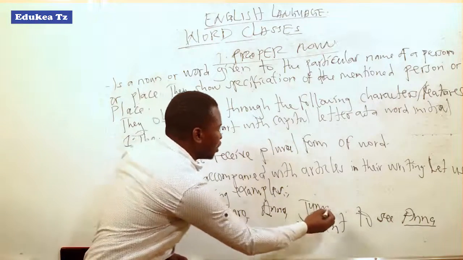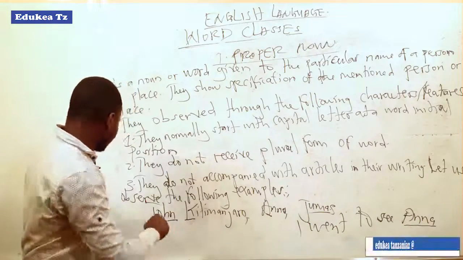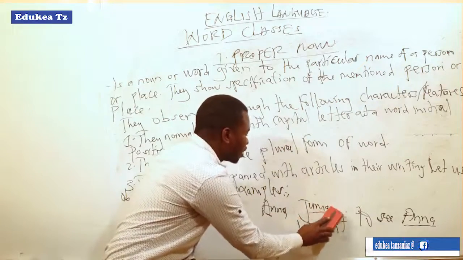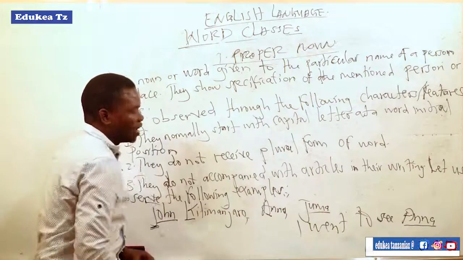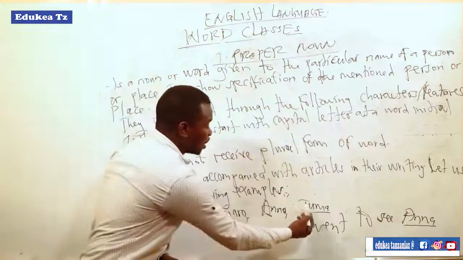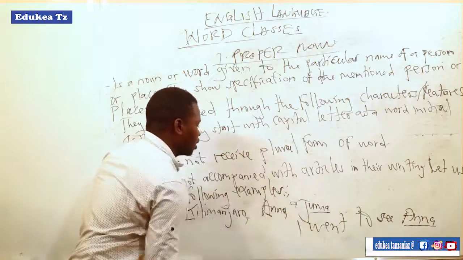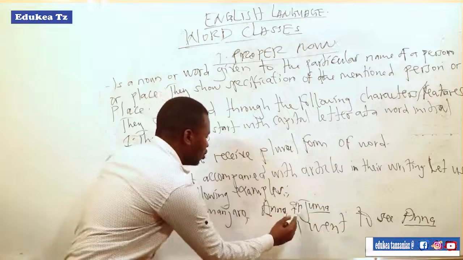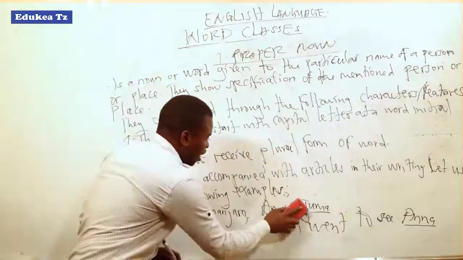That is to say, we can't add s to say Jumas, simply because this is a proper noun. Again, Juma does not accompany an article, so we can't say a Juma, an Juma or the Juma, simply because this is a proper noun.